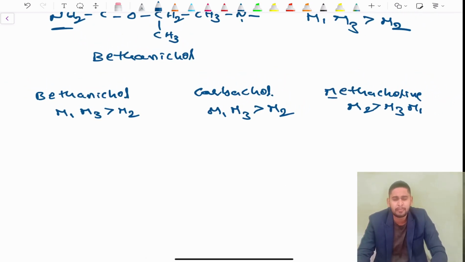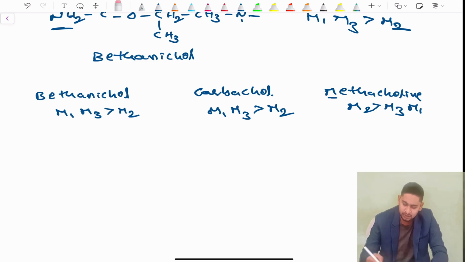Any drug which is used to diagnose a particular disease should be a shorter acting and faster reperfused drug. So that drug should be shorter acting. Hence this methacholine is shorter acting towards M3 receptors, hence this methacholine is used.